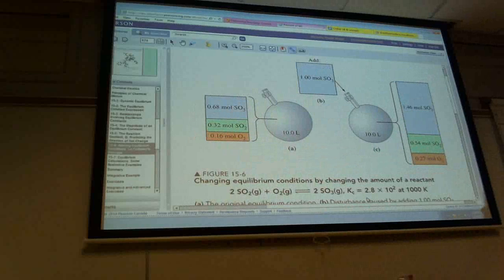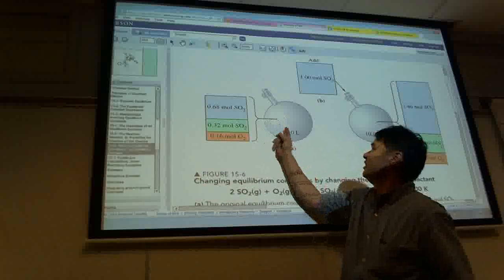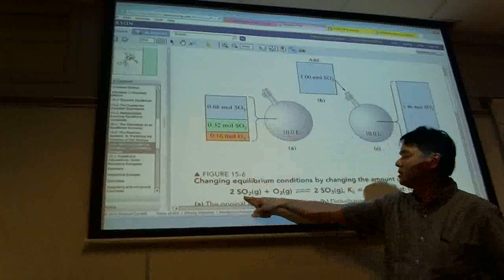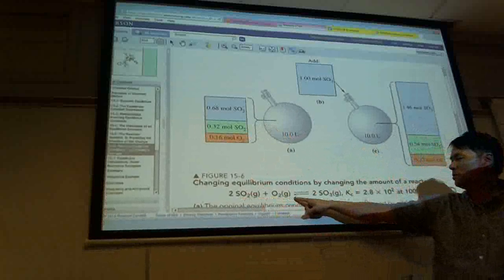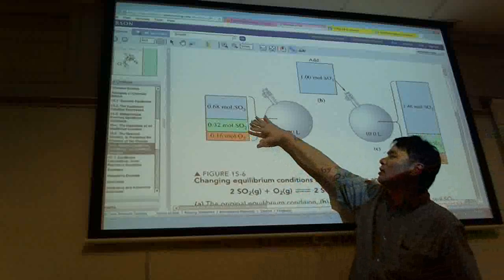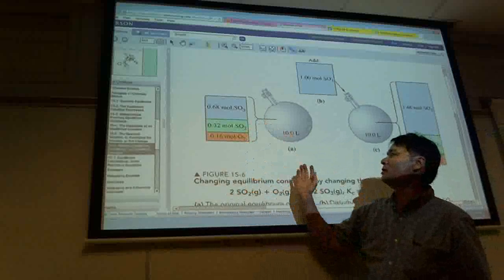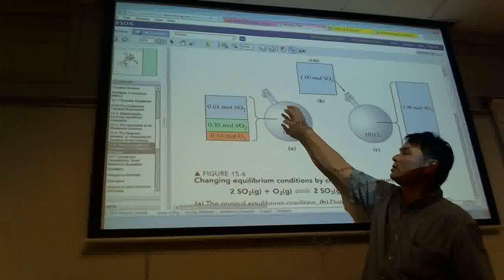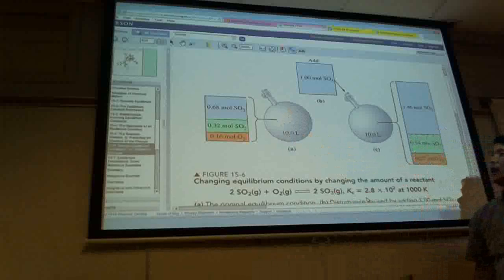What Le Chatelier's principle involves is, let's say you have a system here at equilibrium. The reaction here is 2 SO2 plus O2 yields 2 SO3. This is the proper equilibrium mixture, that is, after this has gone to completion, these are the stable amounts or molarities that will exist in the flask.